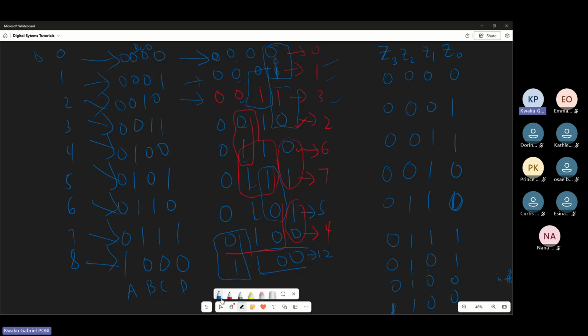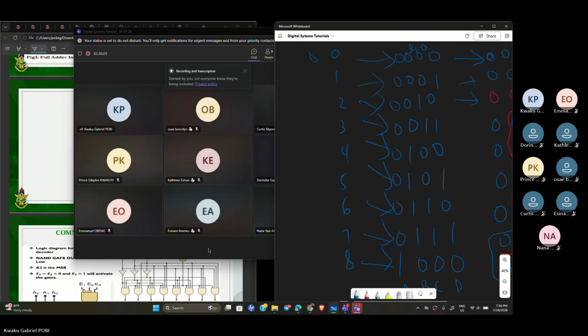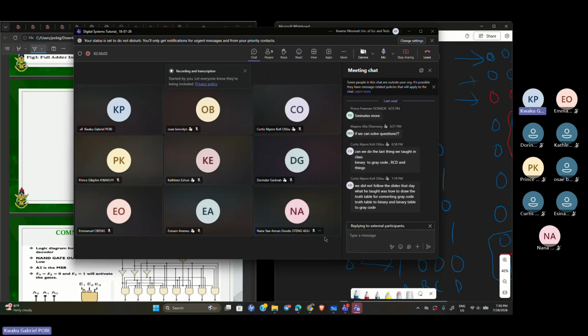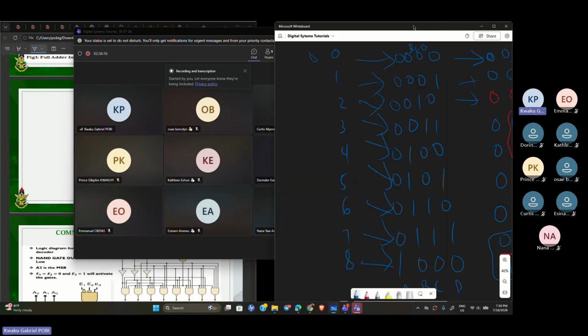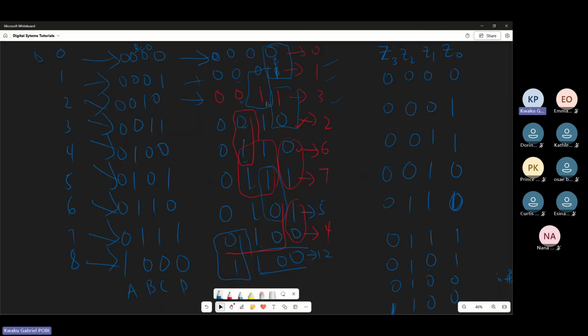So basically, let me ask you first, can I clean what I've done? Okay, sure. So I'm cleaning the BCD thing so that we'll draw the K-map for each of the outputs.